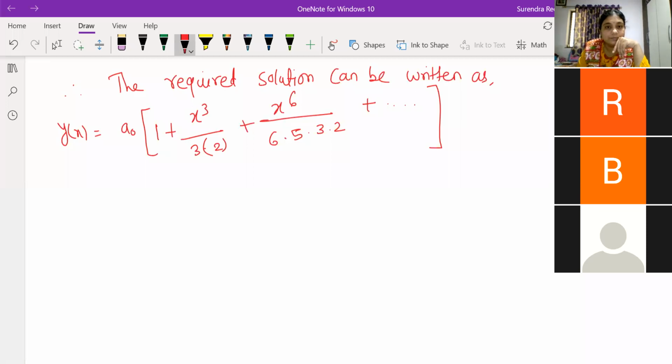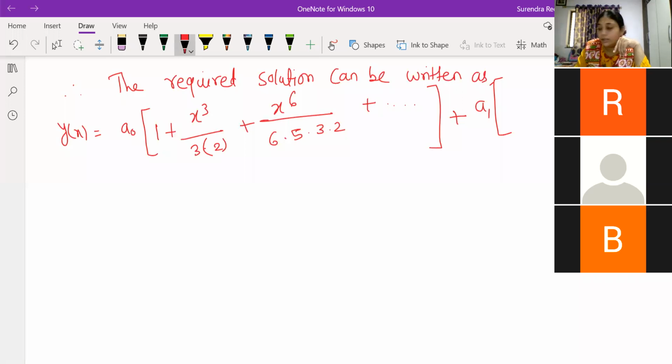Next term is x raised to 9 divided by something, whatever may be the coefficient, and then plus A1 times x plus x raised to 4 divided by 4 into 3 plus x raised to 7 divided by 7 into 6 into 4 into 3, and so on, infinite.